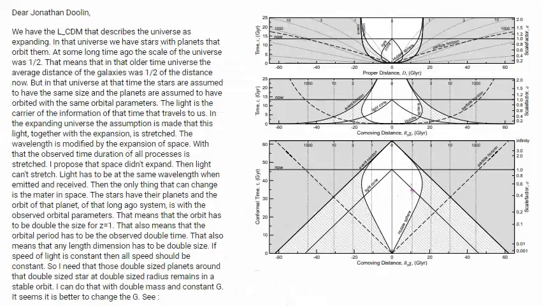So do we have the LCDM that describes the universe as expanding? Well, it depends on where you're looking. In this diagram, the universe is expanding, because these dotted lines representing particles of constant z equals 1, 3, 10, 1,000, or whatever, are moving outward over time.